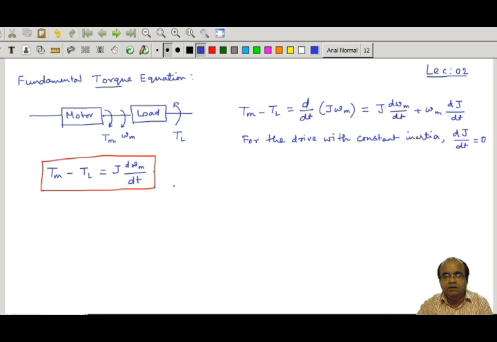Number 1, A: if the motor torque is greater than the load torque, then J d omega m/dt is positive. This stands for motor accelerates, acceleration of the motor load system.